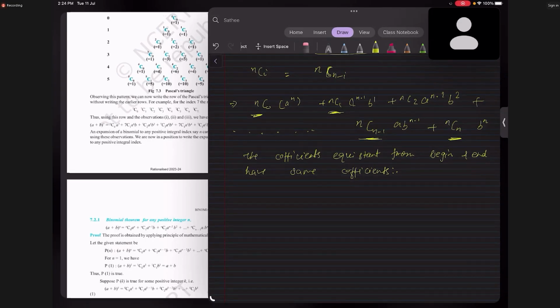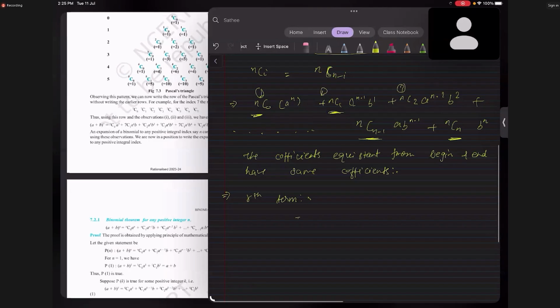And there are some other observations, like if you are asked for the rth term. So you can say this is our first term, this is our second term, this is our third term, and so on.